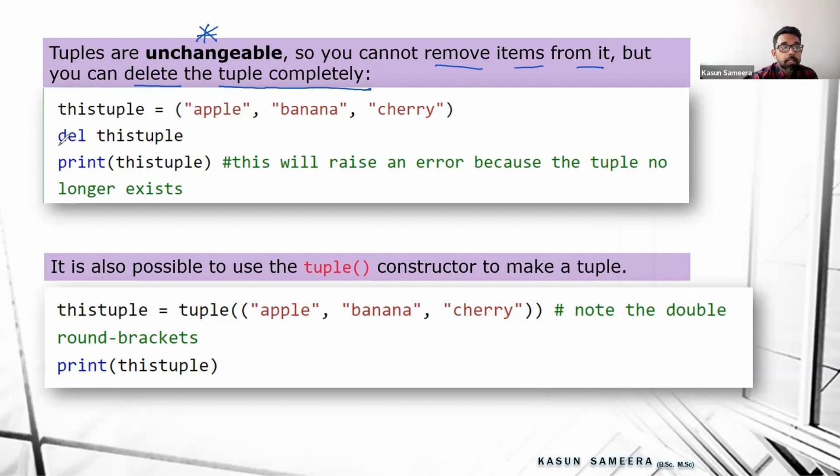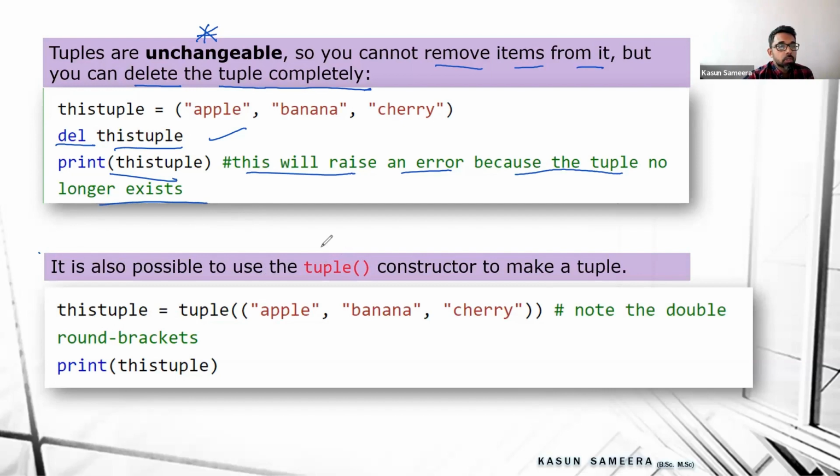Okay, how are you going to delete it? Using the del keyword. Delete this tuple, simple. The whole tuple is going to be deleted. When you print this one, this will raise an error because the tuple no longer exists. There's no tuple called this tuple, it's already deleted.